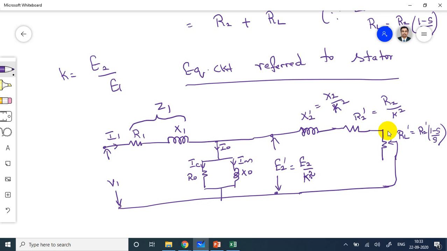So here only the current flows, I2R dash.